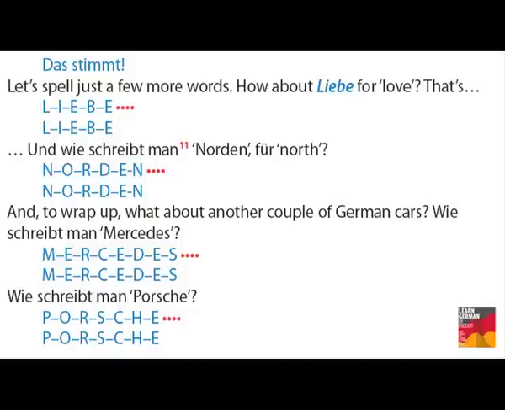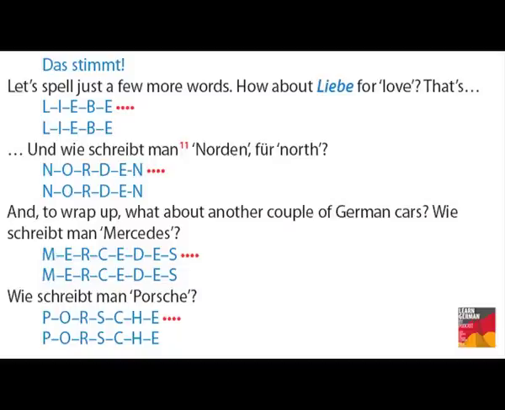Let's spell just a few more words. How about Liebe? For love. That's L-I-E-B-E. Liebe. Und wie schreibt man Norden für North? N-O-R-D-E-N. And to wrap up, what about another couple of German cars?